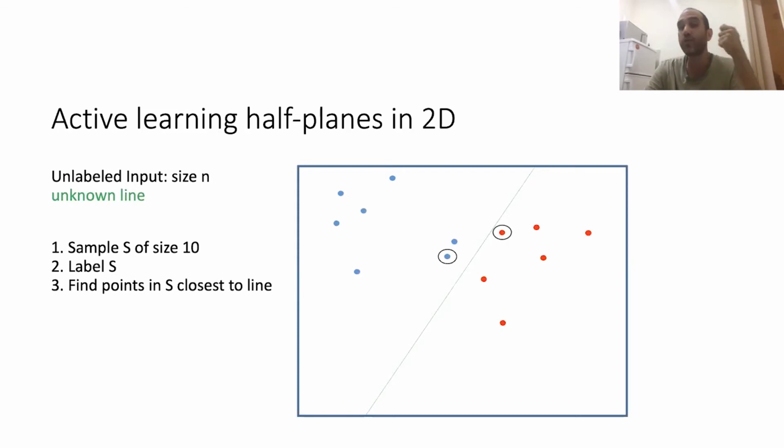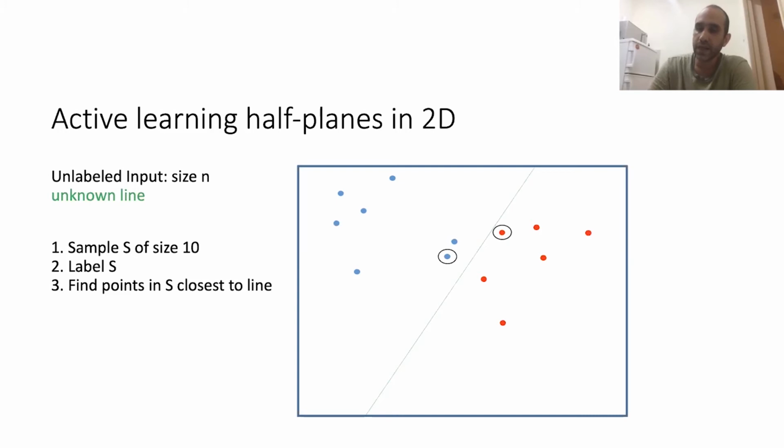Then we use comparisons to detect the red point which is closest to the separating line, and the blue point which is closest to the separating line. This is just like finding a minimum in an array, so this costs us another 10 queries, less even.